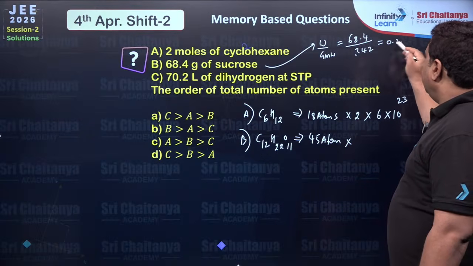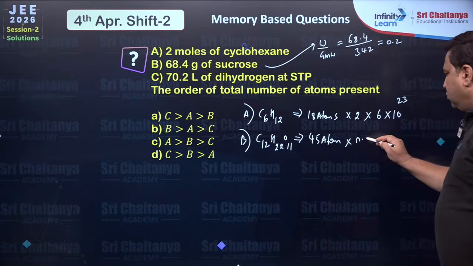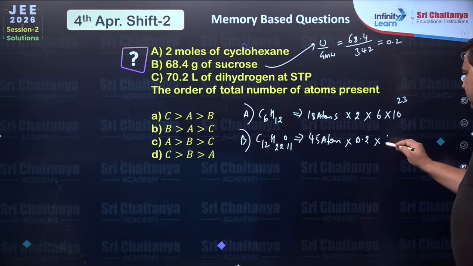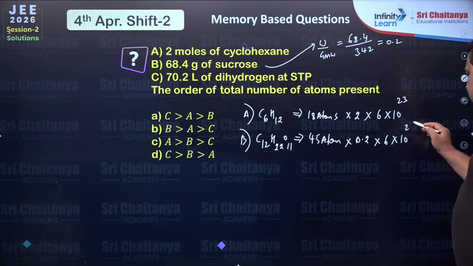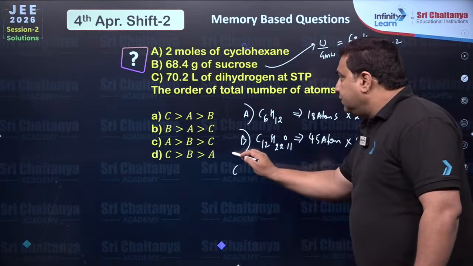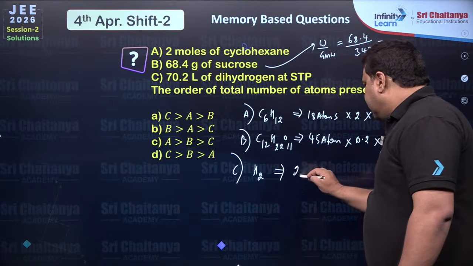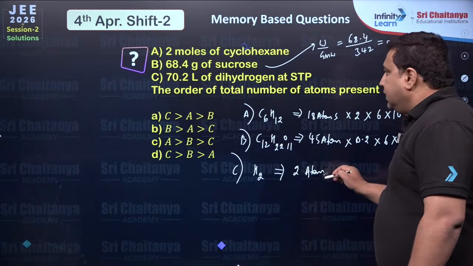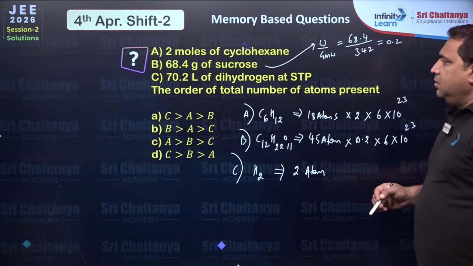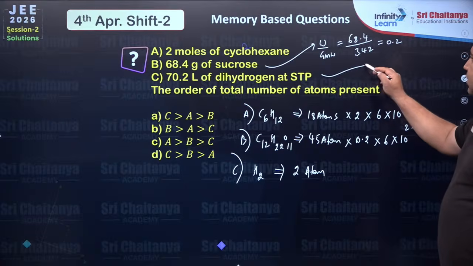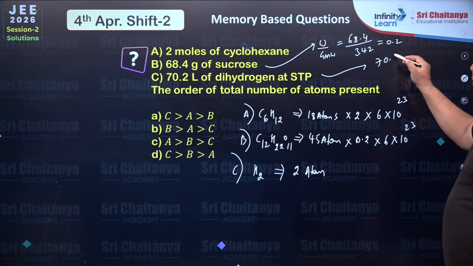If you solve this, you will get 0.2 into 45 into 6 into 10 to the power of 23. Option C: hydrogen has 2 atoms, and here 70.2 liters of dihydrogen. So 70.2 liters divided by 22.4.